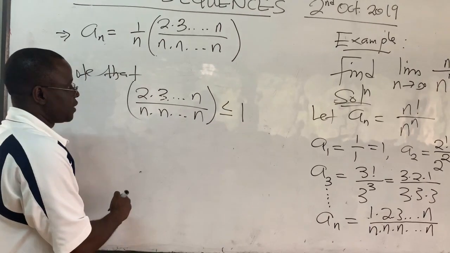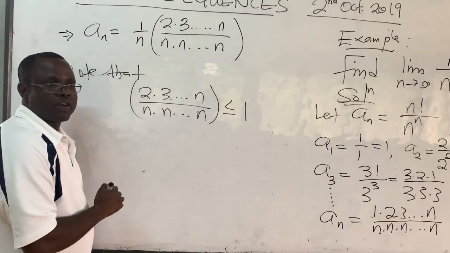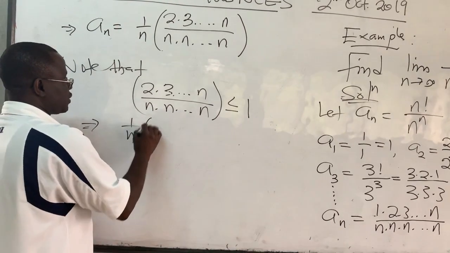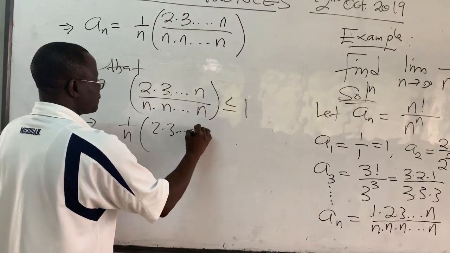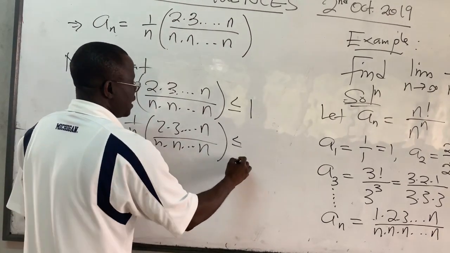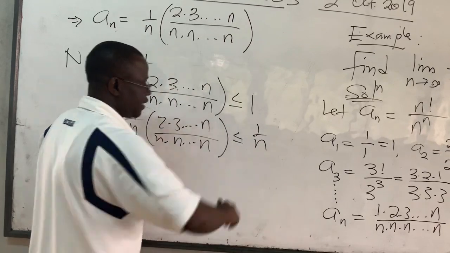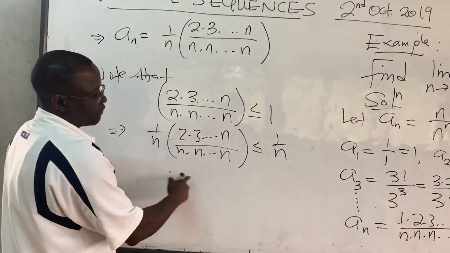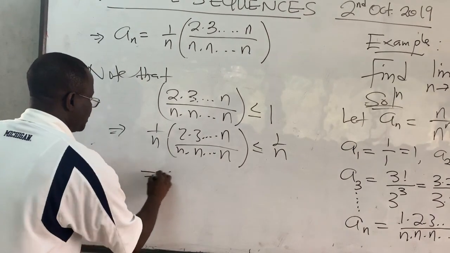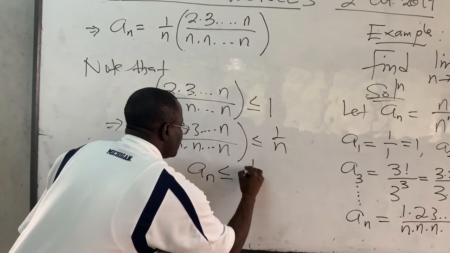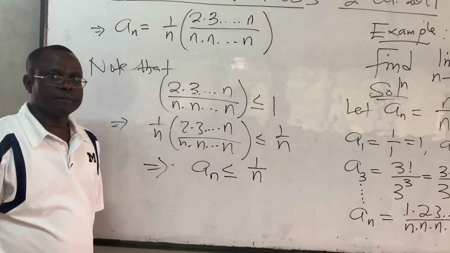So this holds. Now I can multiply both sides by 1 over n, and it's positive. So this implies that 1 over n multiplied by 2 over n times 3 over n up to n over n has to be less than, multiplying this by 1 over n, this. But this guy here is of course an. So this implies that an has to be less than or equal to 1 over n.